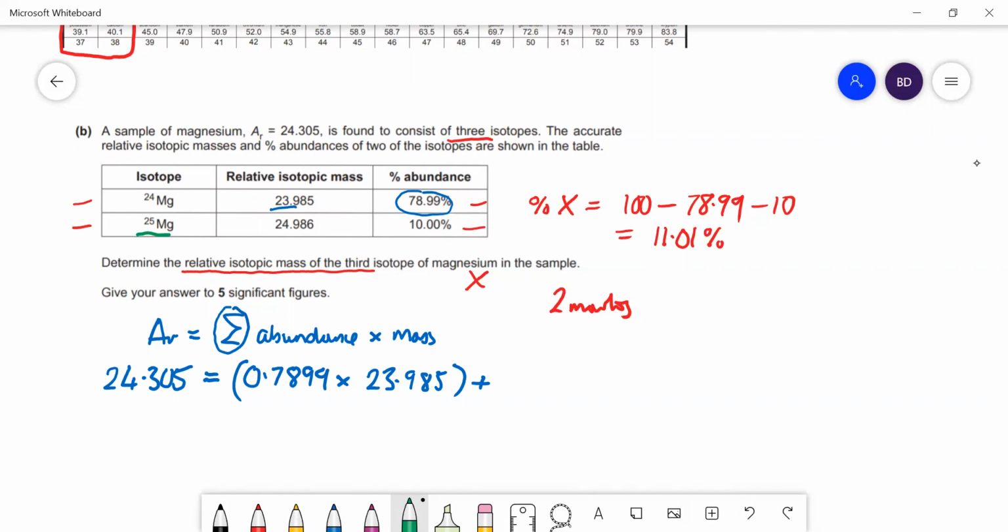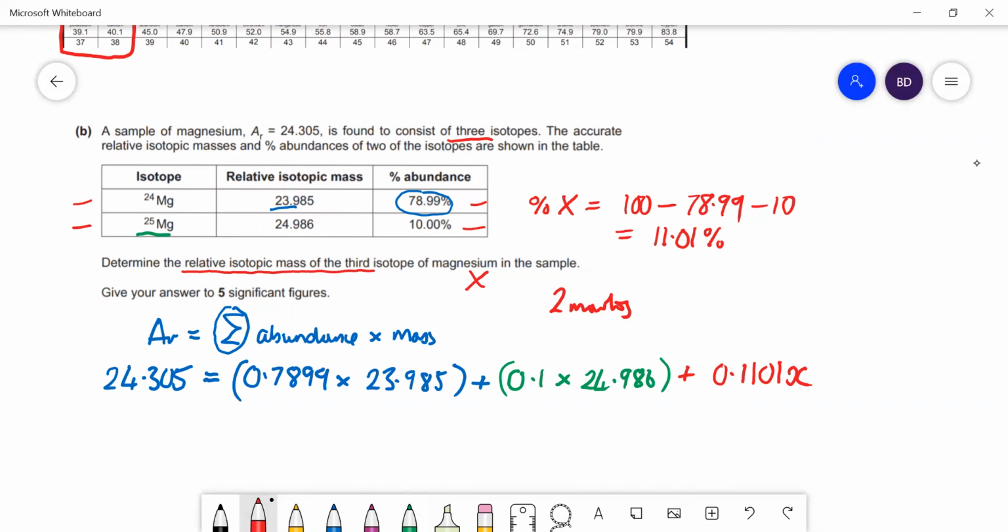That's going to be 0.1, that's the abundance, multiplied by 24.986. And then we're going to do it for X, where the abundance of X is 11%. So that is going to be 0.1101, and the X is the relative isotopic mass of that one.